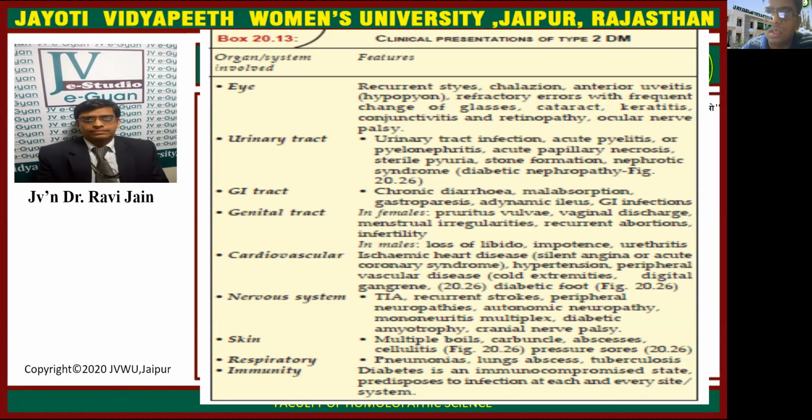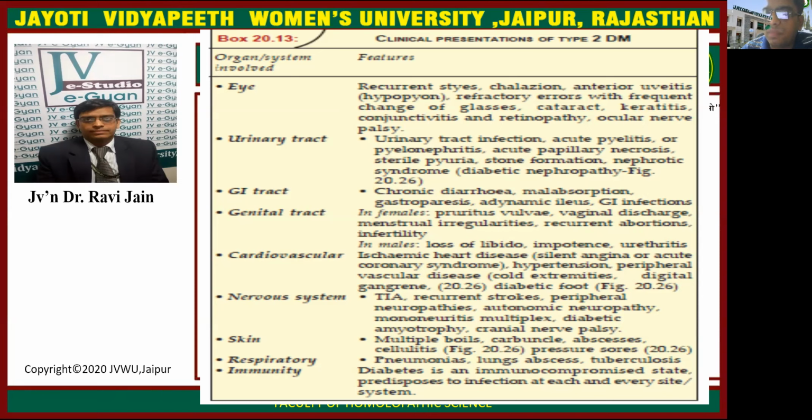There will be sterile pyuria, meaning there will be pus cells in the urine, and there will be a tendency for stone formation. In the patient with diabetes mellitus type 2, there will be a recurrent tendency for development of renal stone or nephrolithiasis. There will also be the chances for development of nephrotic syndrome, that is diabetic nephropathy.